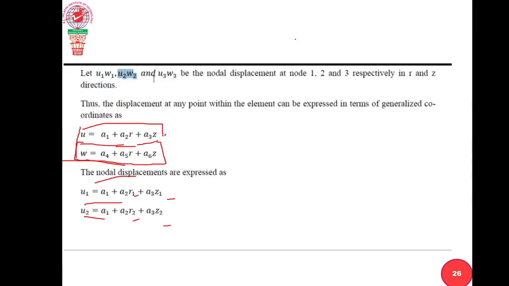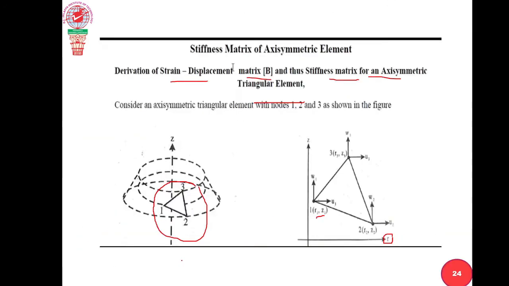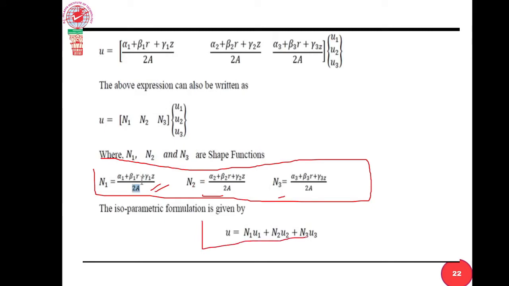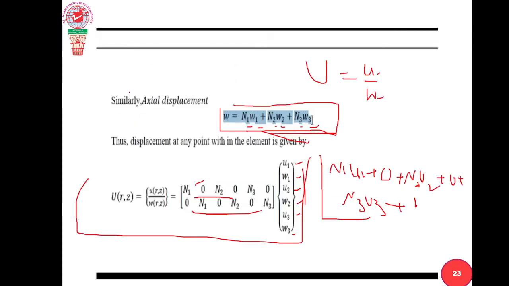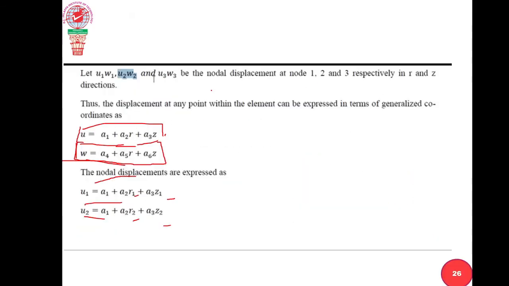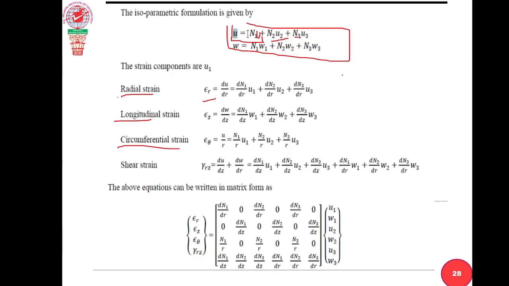According to the isoparametric formulation, as we took in the previous derivation. See, du by dr means you have to differentiate the u equation with respect to r. That is d by dr N1 u1, d by dr N2 u2, d by dr N3 u3. Similarly, the longitudinal strain, nothing but axial strain, comes from the w equation.